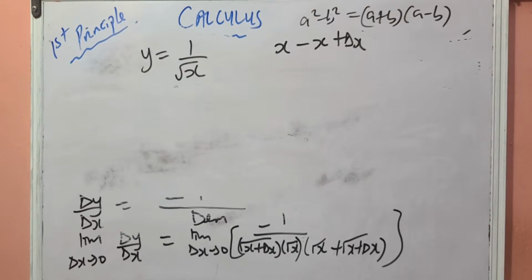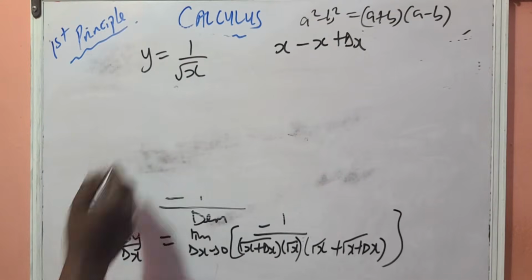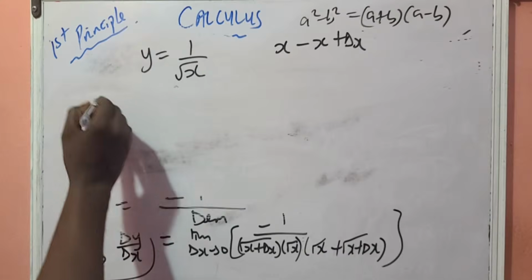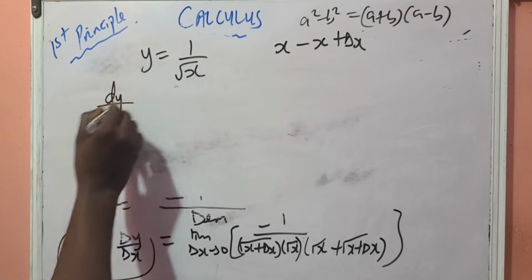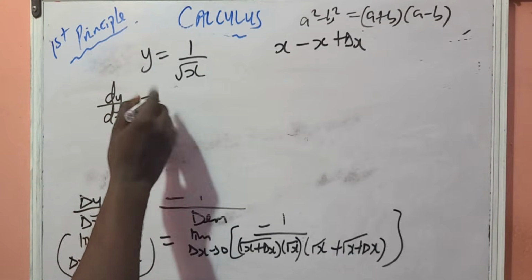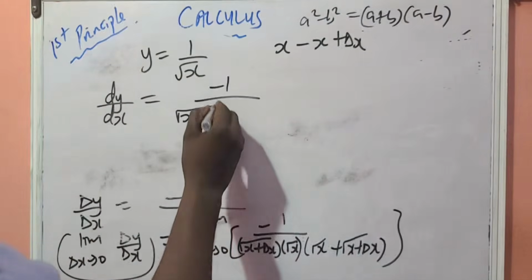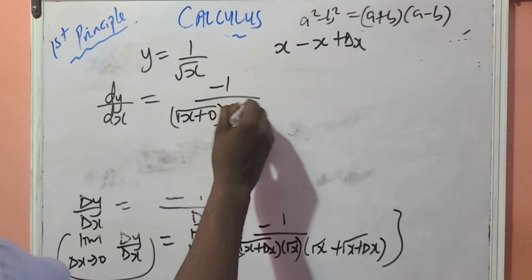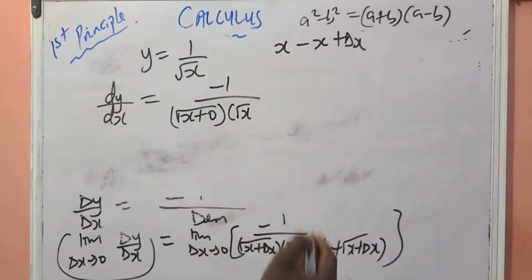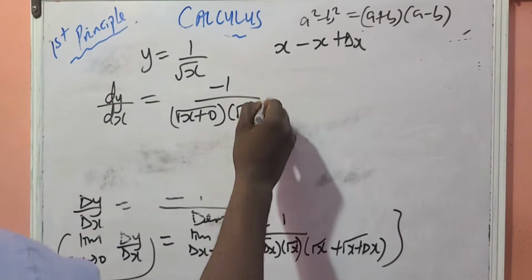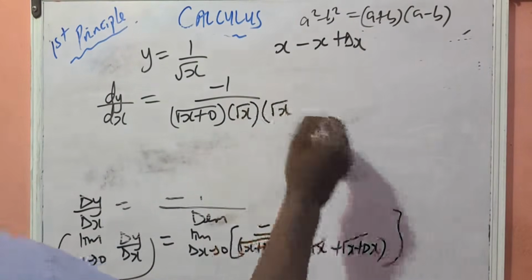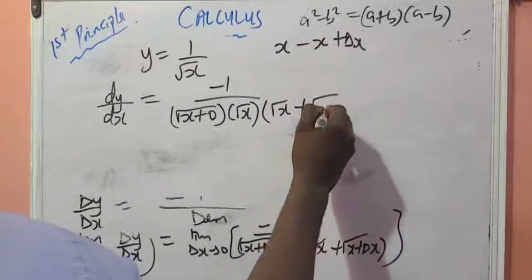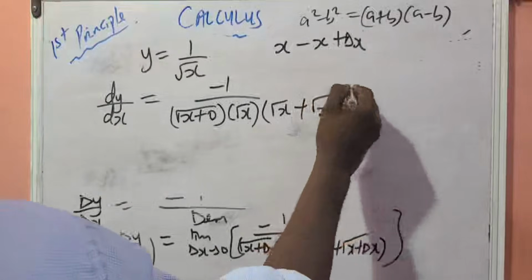All right. So we have all this. I told you already, all this will come on as dy over dx, which is what we're looking for, the differentiation. Then I have x, then I have root x plus 0.